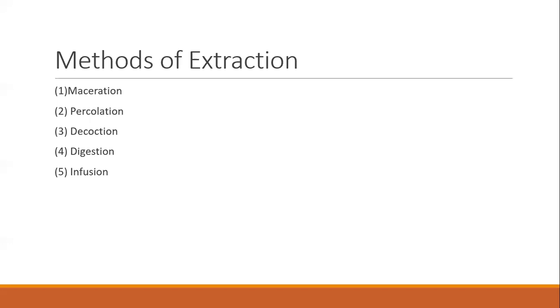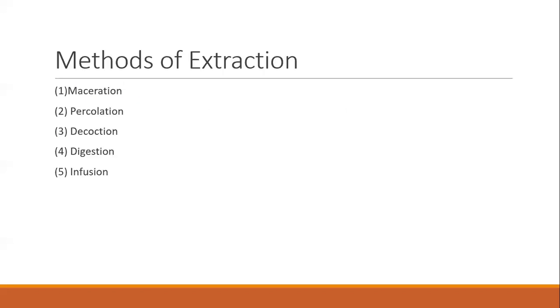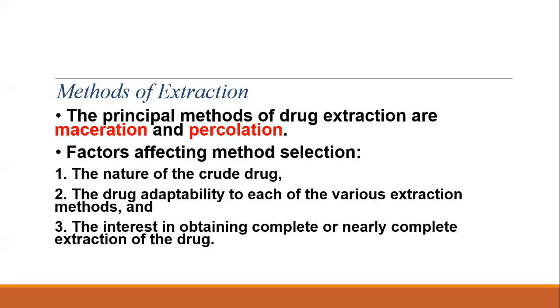There are different methods: maceration, percolation, decoction, digestion, and infusion. We'll go into details of these later. Methods of extraction, once more: the principal methods of drug extraction which are important in pharmaceutical preparations are maceration and percolation. What are the factors in method selection?